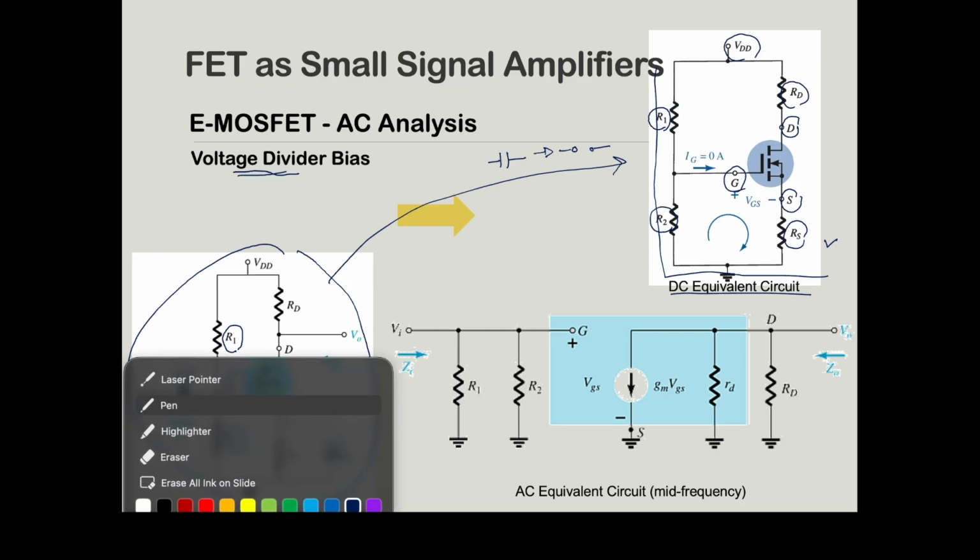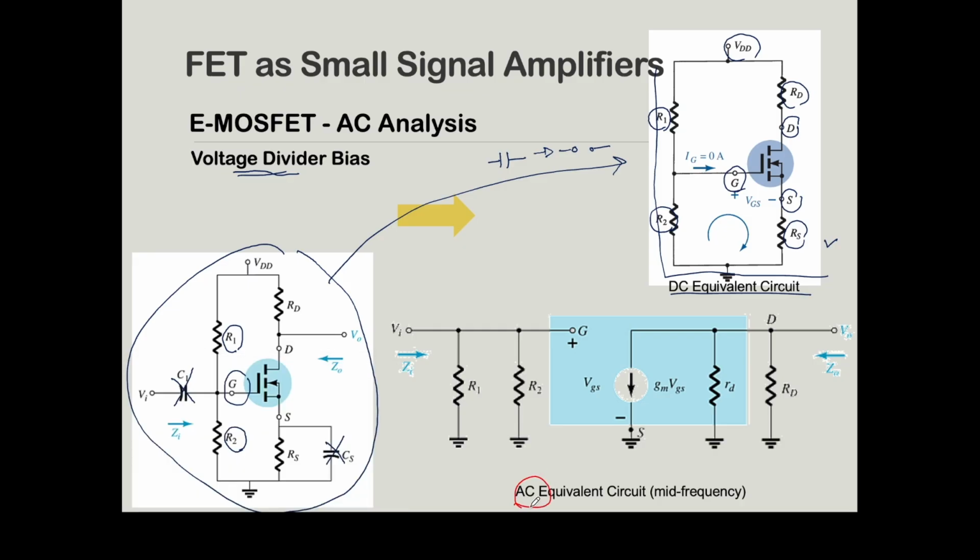How about our AC equivalent circuit? For the AC equivalent circuit, remember there are two rules for the capacitor, right? The first one, your capacitor will become short circuit. And the second one, your DC source will become ground. So where is your DC source? Here is your DC source, right?